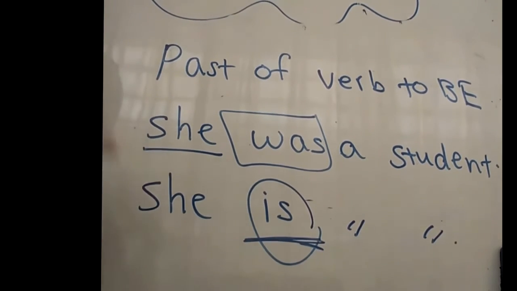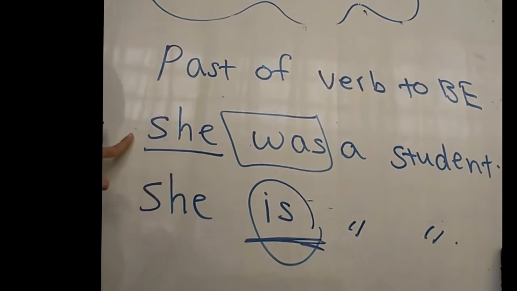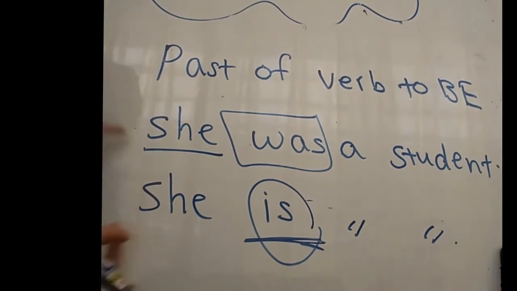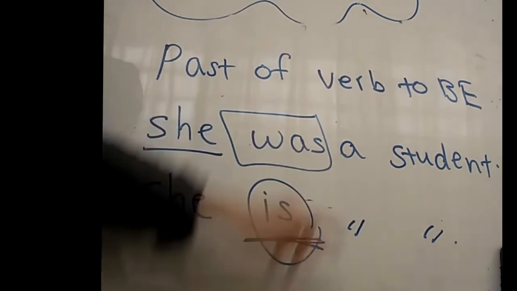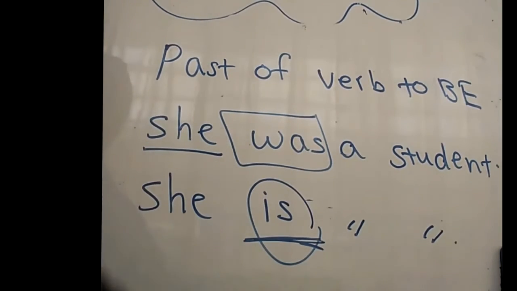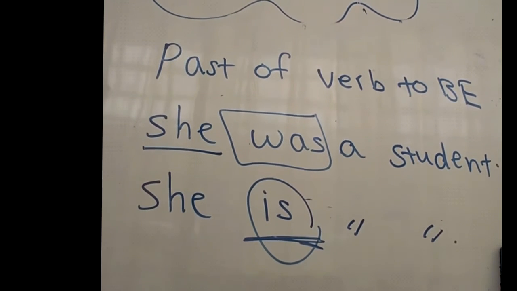Alright? And the same thing with the question. If you want to write a question using past tense, you can just say, was she a student? And with present, is she a student? The answer will be yes, she was, or yes, she is. So it depends on what you want to ask.